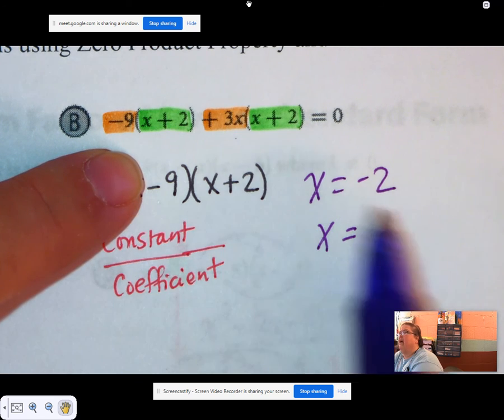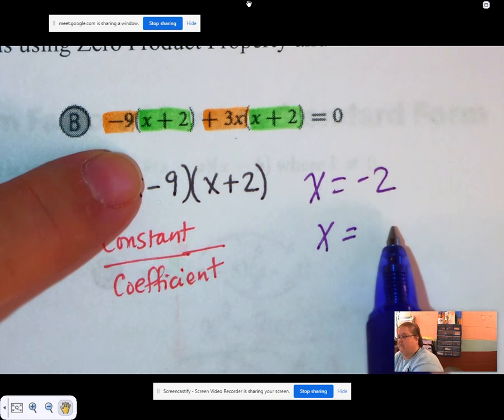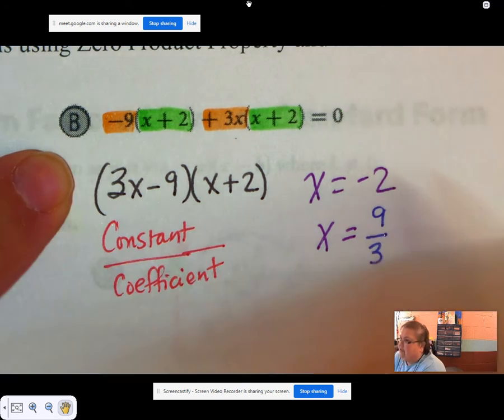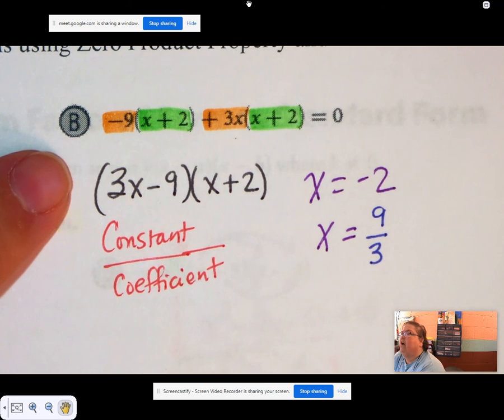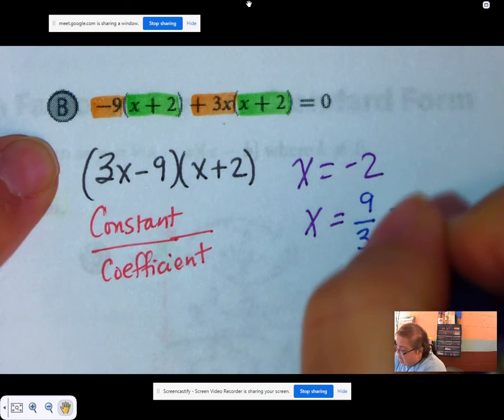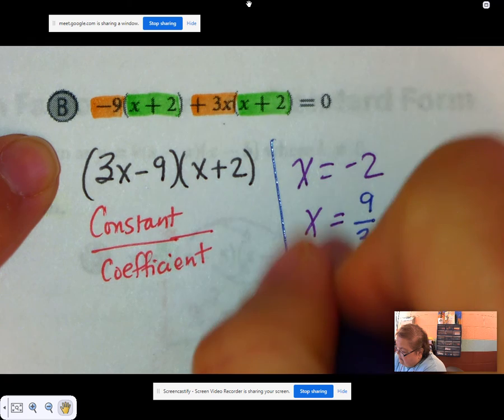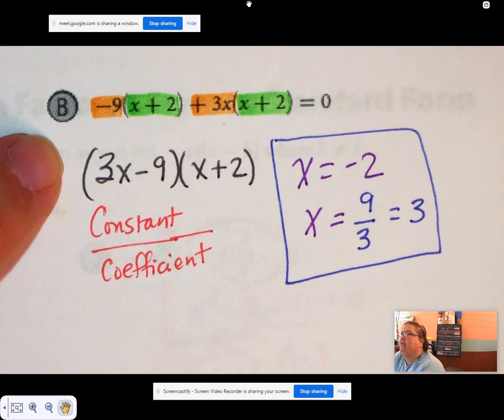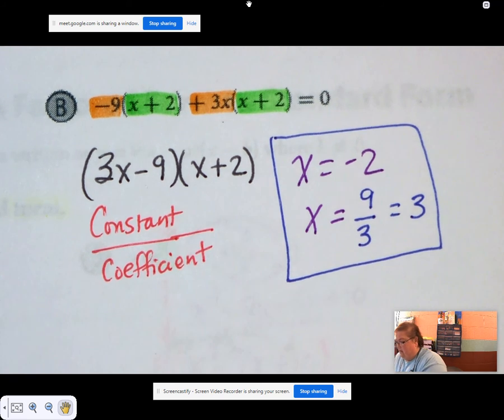Negative. So my answer has to be the opposite, which is positive. Constant over coefficient. Always simplify your fractions. Questions? Okay?